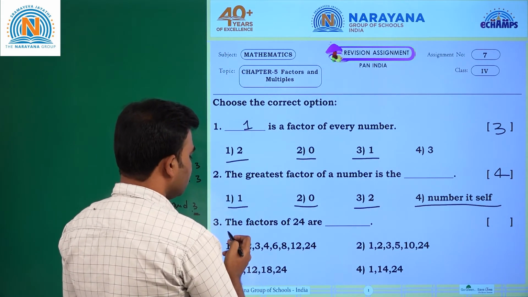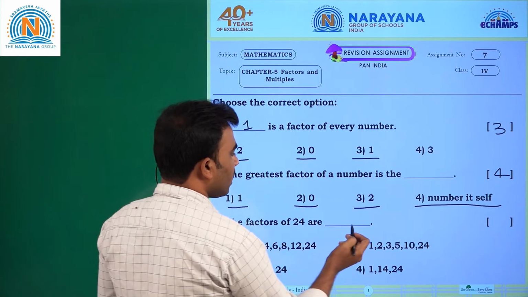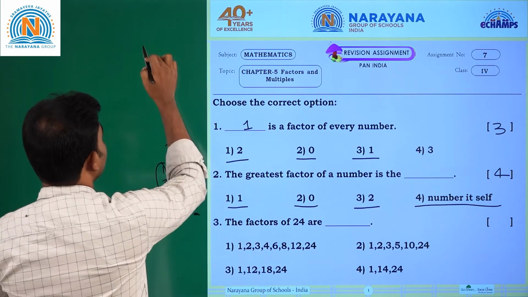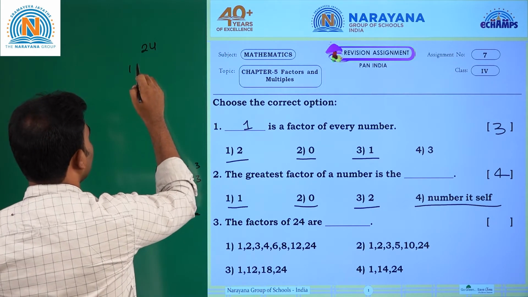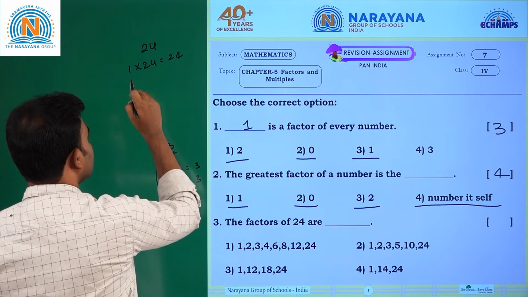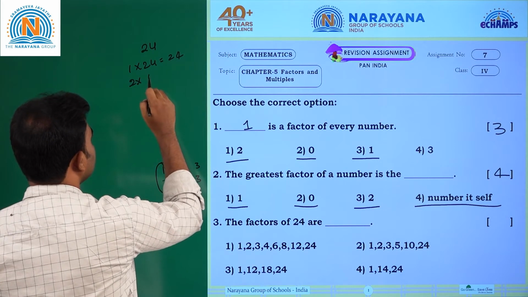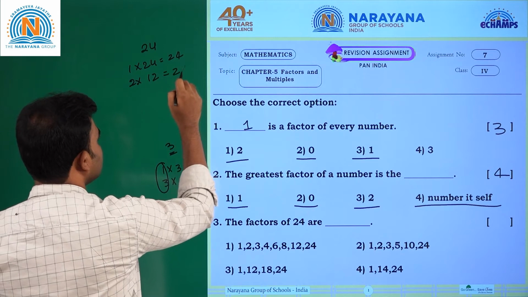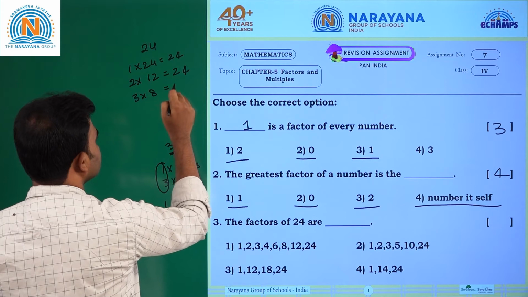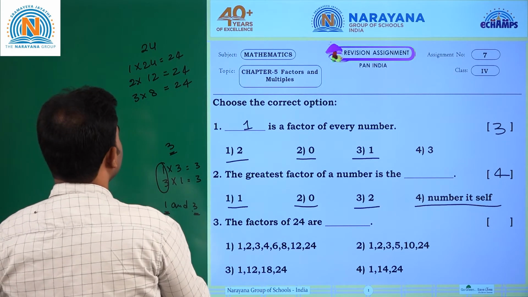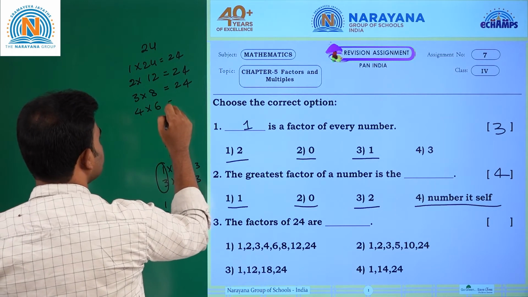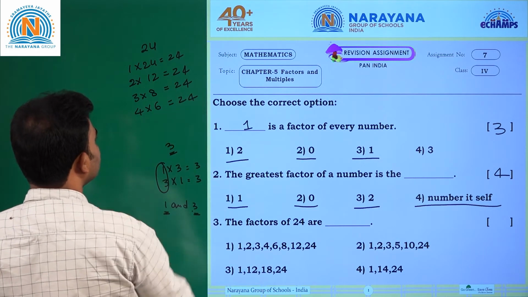Now, third one. The factors of 24 are dash. What are the factors of 24? Now find. 1 into 24 is equal to 24. 2 into 12 is equal to 24. Next, 3 into 8 is equal to 24. Next, 4 into 6 is equal to 24.